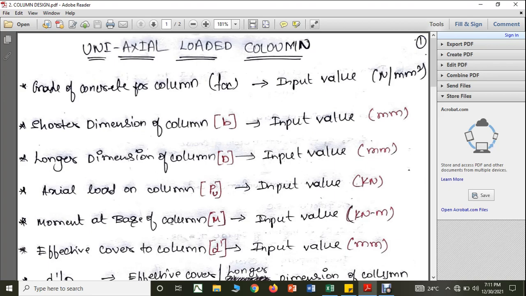When it comes to column design, we have mainly three types of column designs. And before that, I would like to make it clear that in the footings we have learnt concentric isolated footing, because in this problem all the footings are concentric isolated footings.